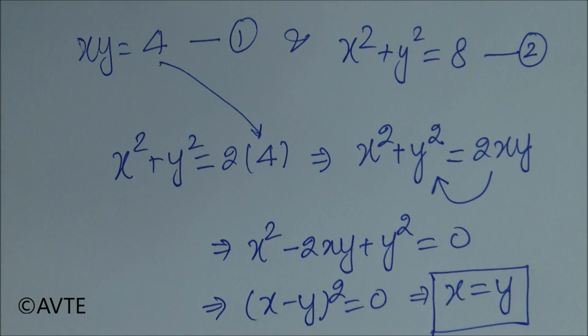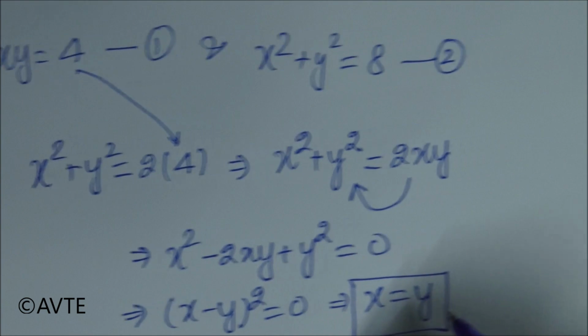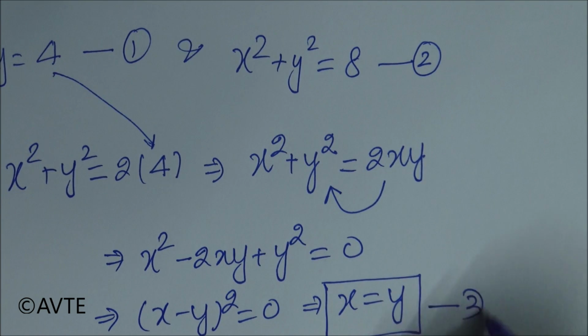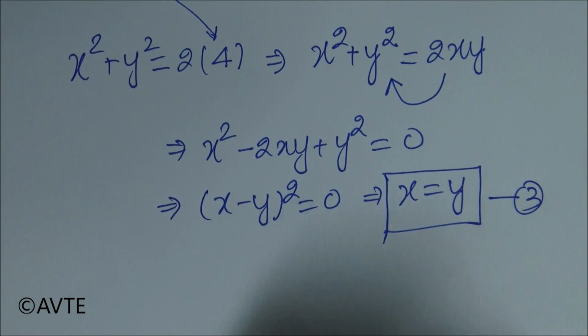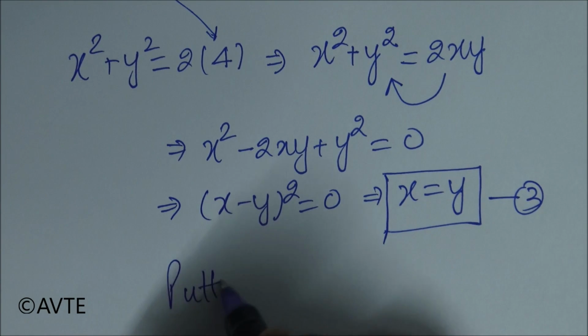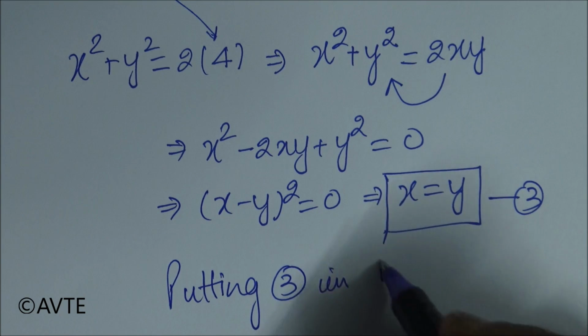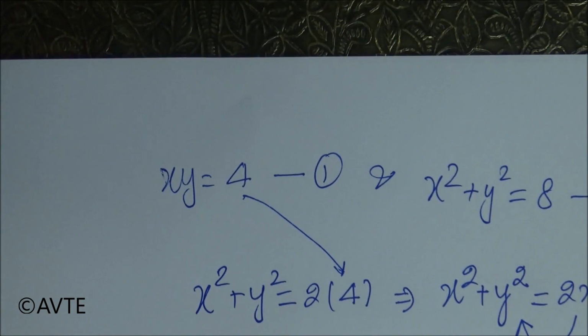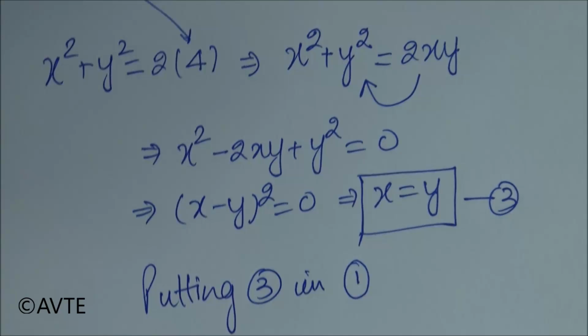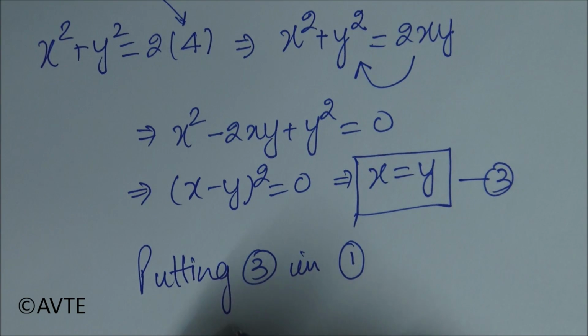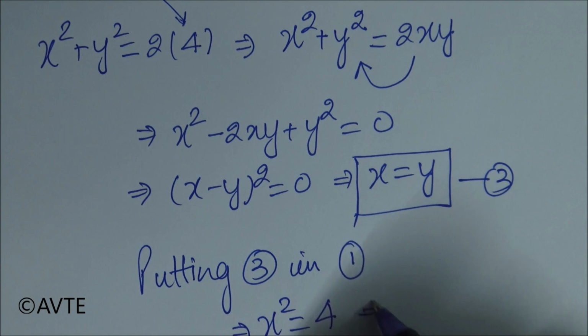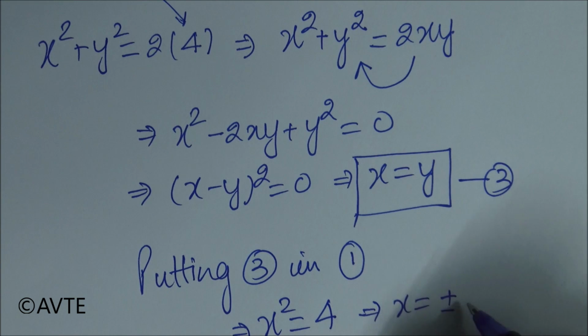So now I can call this equation number 3, and I can put equation 3 in equation 1. By putting that in 1, if I put y in terms of x, we get x squared equal to 4, and x is equal to plus minus 2.